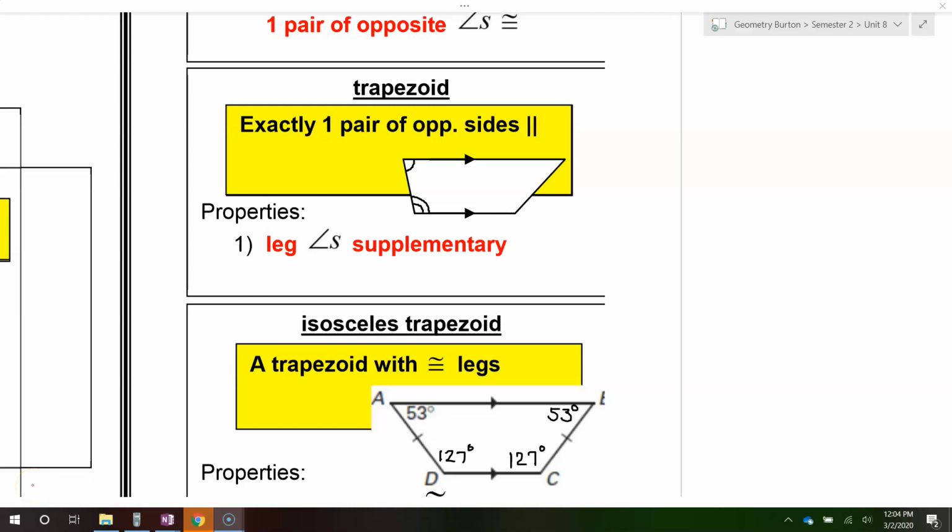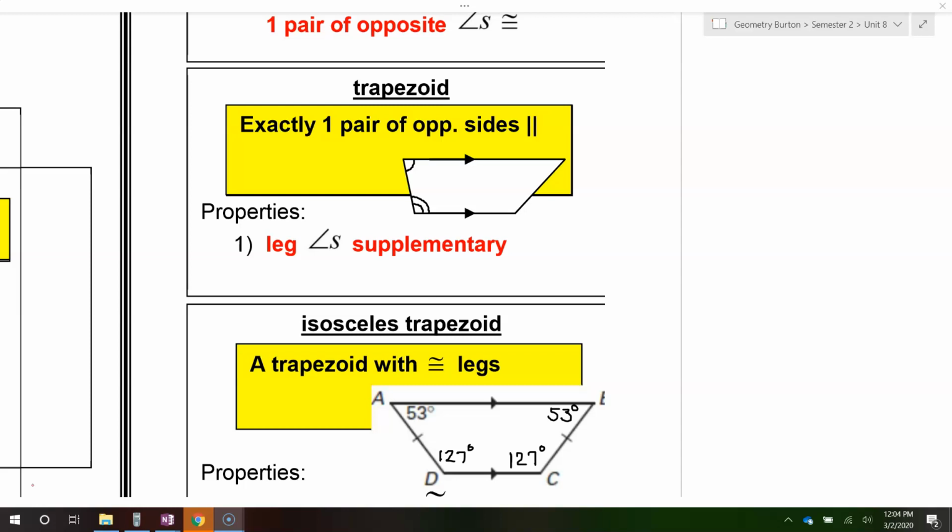Now the last one isn't really its own brand new shape. It's a special case. If you have a trapezoid that has congruent legs, it's called an isosceles trapezoid. So the parallel sides are called bases. The non-parallel sides are called legs.